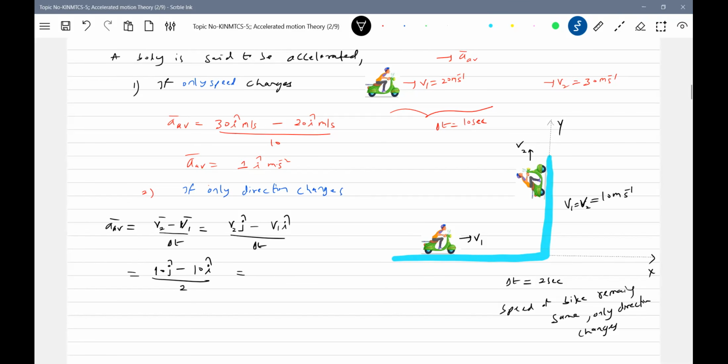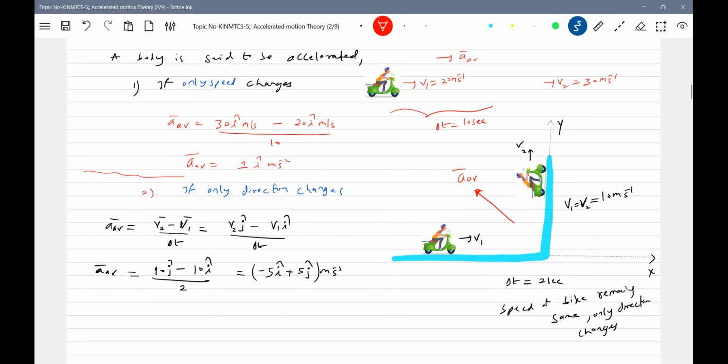So this will become minus 5 i cap plus 5 j cap. In what direction will it be directed? The average acceleration will be directed here. So that particular direction I'm going to indicate like this. The bike is said to have acceleration in this direction.